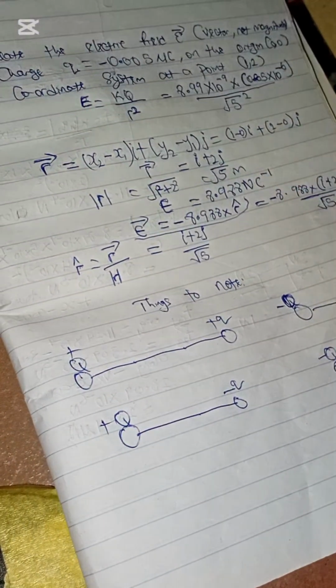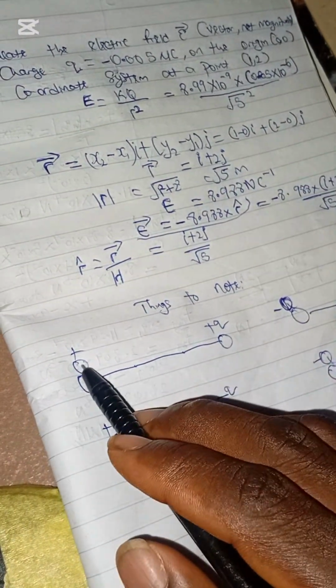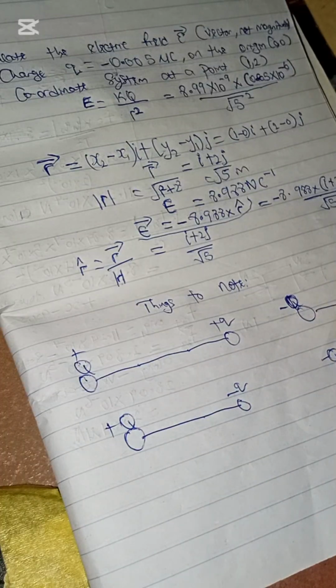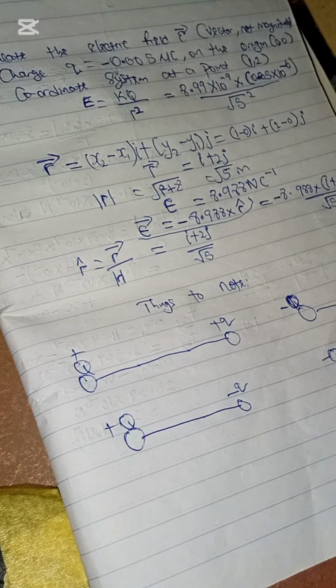Now, the last thing we'll be talking about, you need to know this. This is a source charge. This is a test charge. So we are talking of two things here: the direction of the field and the force exerted on the test charge. The direction of the field, always relate it to the source charge. The force exerted is on the test charge.